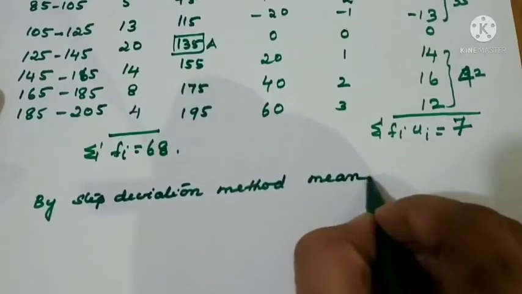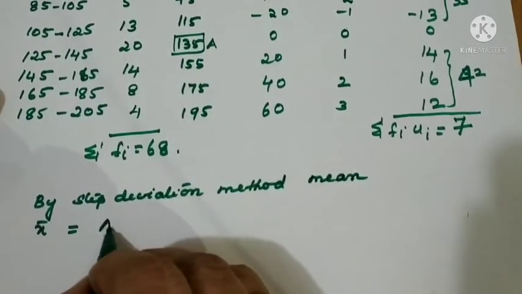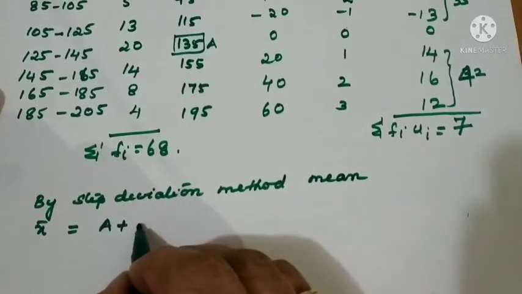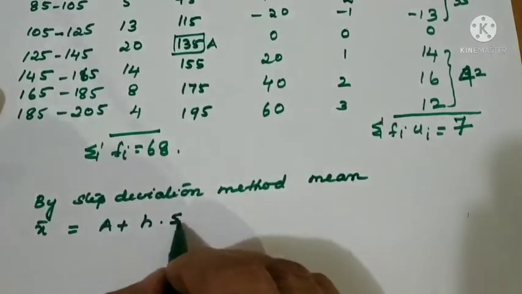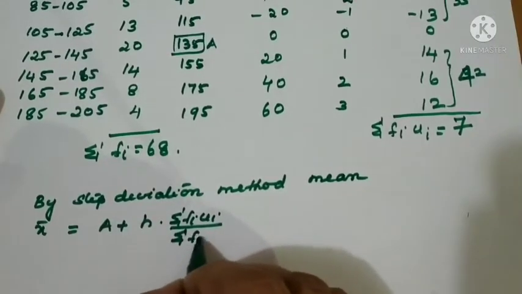By step deviation method, mean x bar equal to a plus h into sigma fi ui divided by sigma fi.